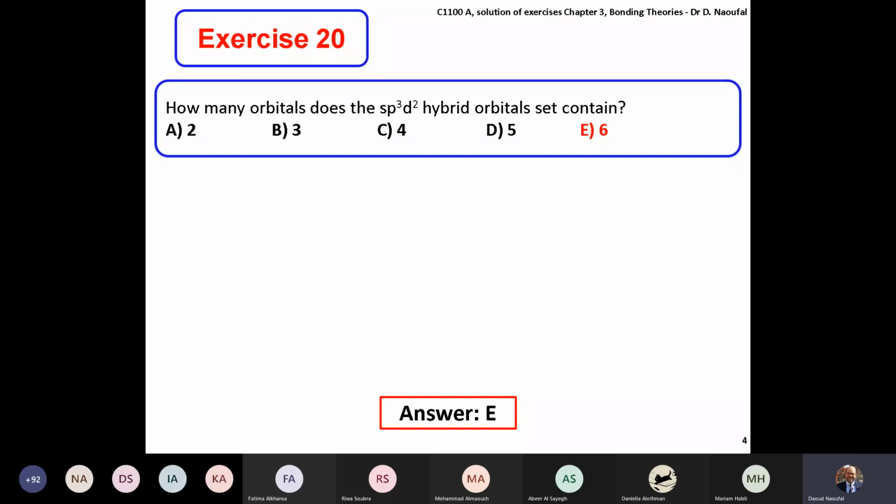Exercise 20. How many orbitals does the sp3d2 hybrid orbital set contain? Hybridization sp3d2 implies the number of hybrid orbitals is equal to 6.